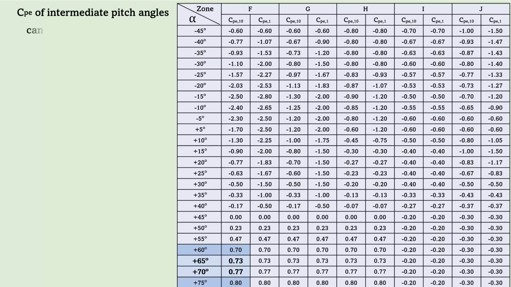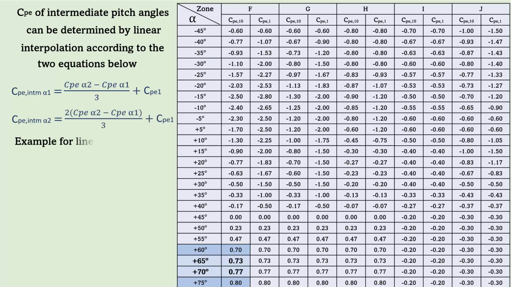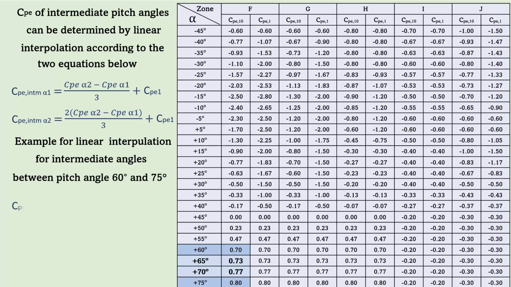CPE of intermediate pitch angles can be determined by linear interpolation according to the two equations below. First equation, to determine CPE of the first intermediate angle. Second equation, to determine CPE of the second intermediate angle. Here is an example of linear interpolation for intermediate angles between 60 and 75 degrees.